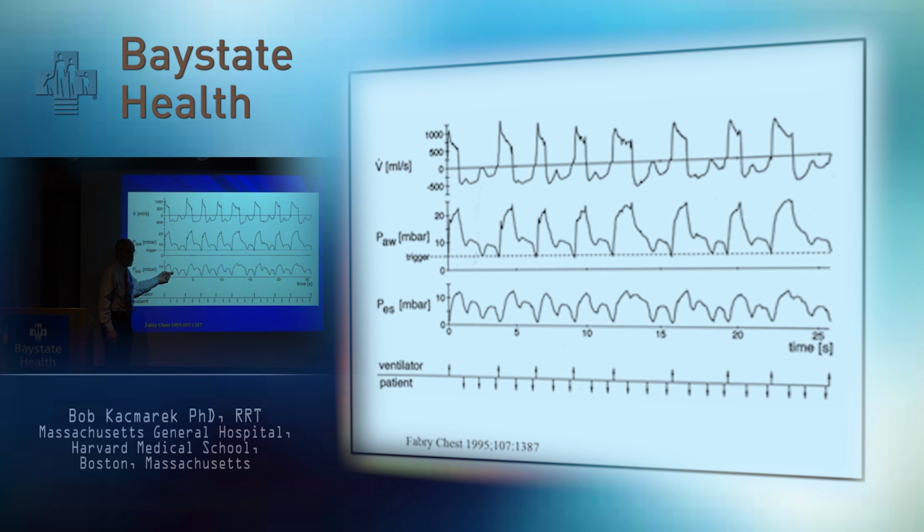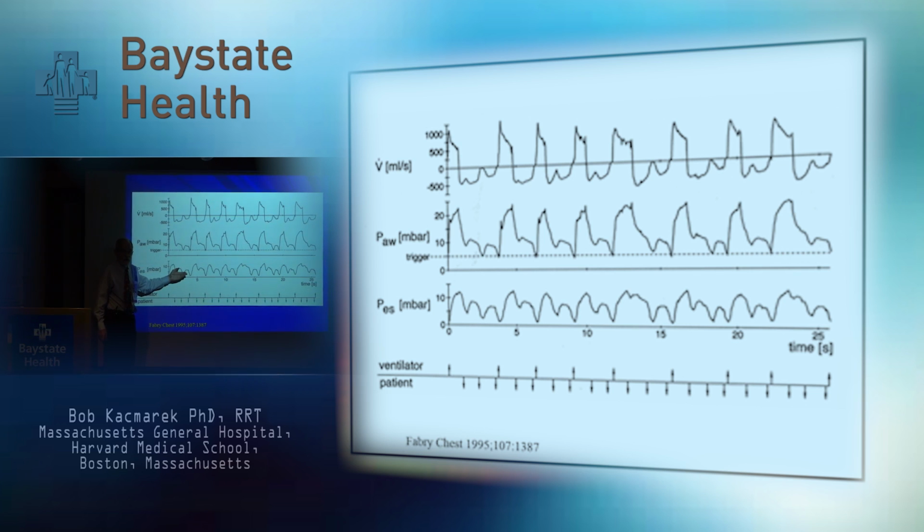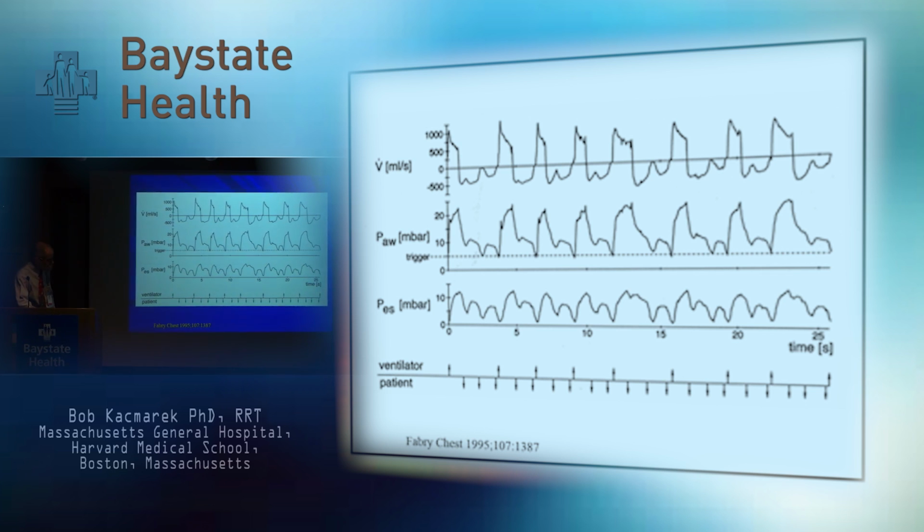They may have auto-PEEP and they may mistrigger that first breath, but remember, after you mistrigger, you're going to exhale. So you exhale, auto-PEEP decreases, the next breath you should be able to trigger. So with COPD, it's sometimes, and I've seen this, 2 or 3 breaths that you mistrigger before you're actually able to trigger the ventilator. But the same phenomenon: they can't trigger because of auto-PEEP, they exhale, they can go down to a lower pressure, they exhale again, even a lower pressure, and now they can trigger the mechanical ventilator.